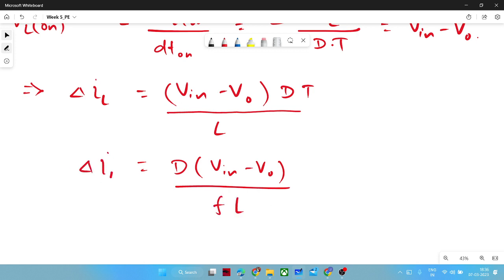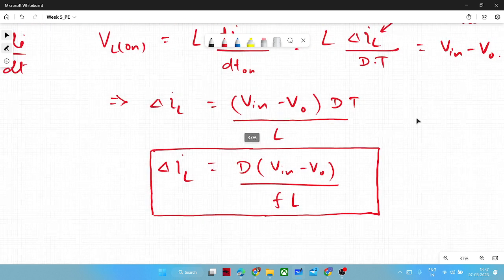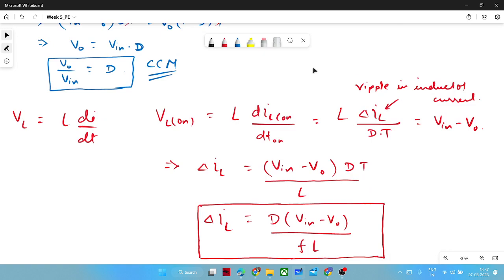So this is the value for the ripple in the inductor current. This is very important to compute the ripple current because it is a very frequently asked type of problem.